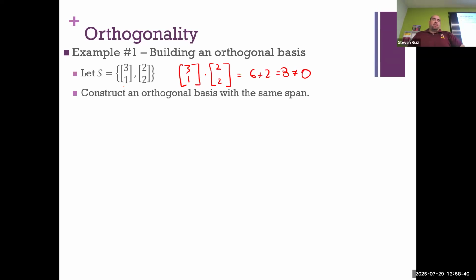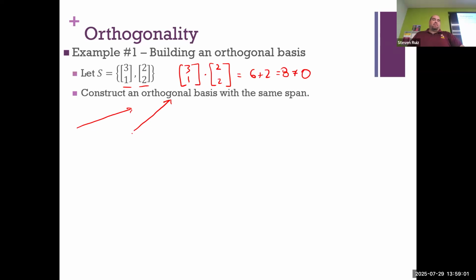So let's draw a picture of what these 2 vectors look like. What does (3, 1) look like? It's going to be something like that. And my other vector is (2, 2), which is basically a 45-degree angle. So we're not orthogonal.